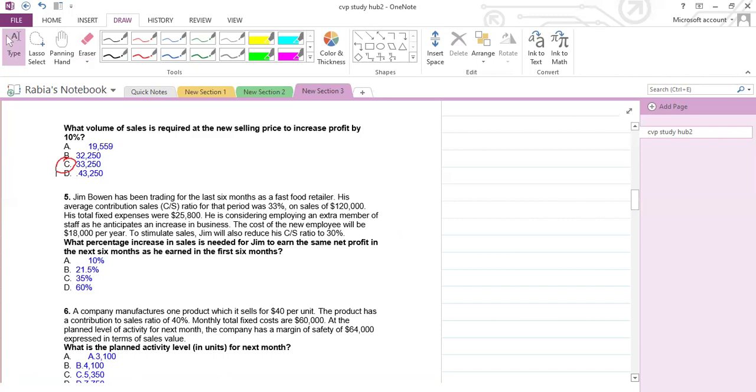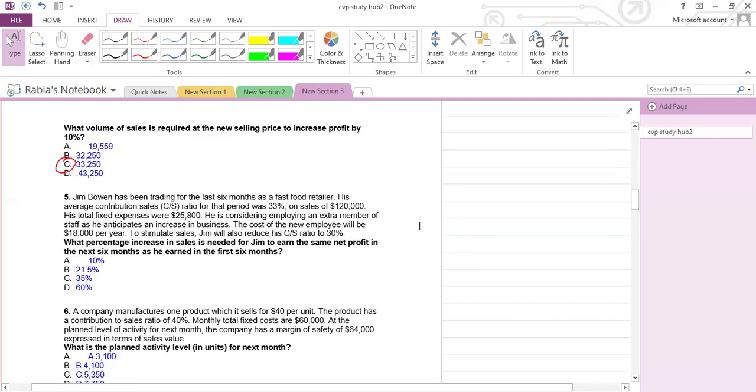So, first of all, you have to calculate the profit of the first 6 months. What is your profit for the first 6 months? Your contribution to sales ratio is 33%. So what it means, how much is your contribution? Your contribution is 33% of sales.